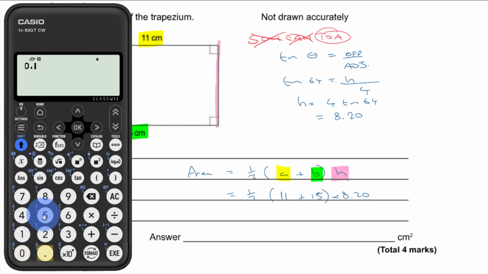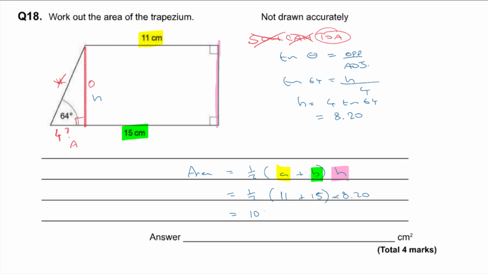So it's 0.5 times (11 plus 15), that's 26. So 0.5 times 26 times answer. That comes out to be 106.6, which I'm just going to round off to 107 centimeters.